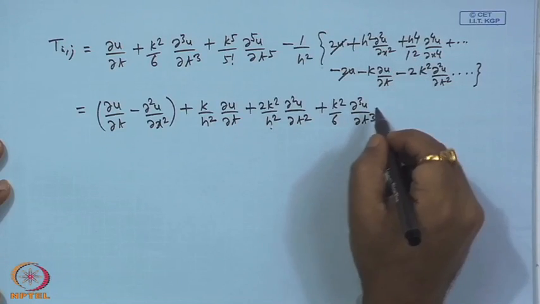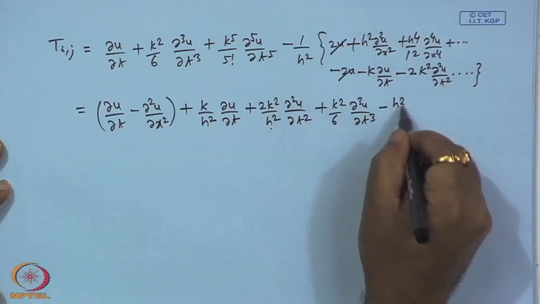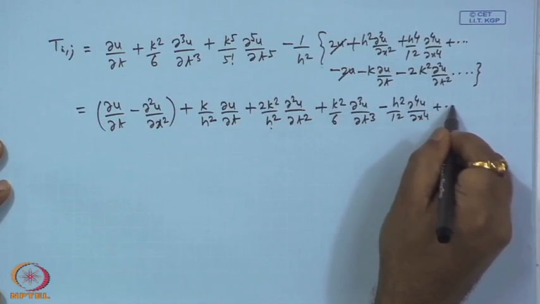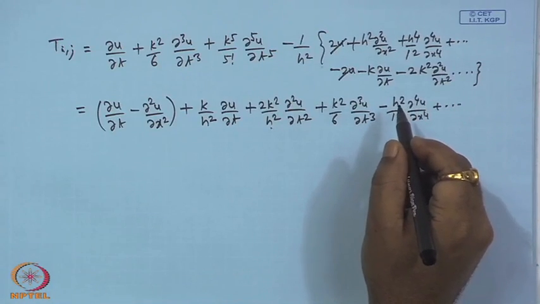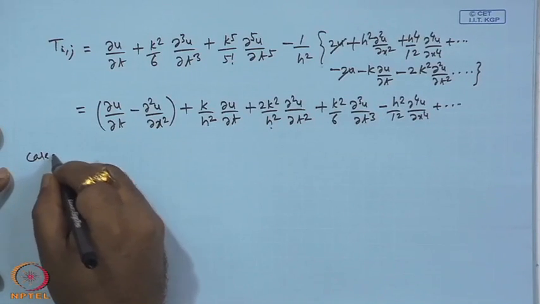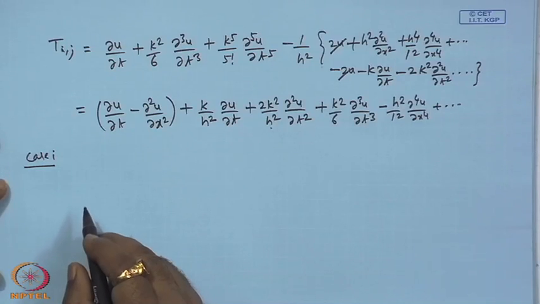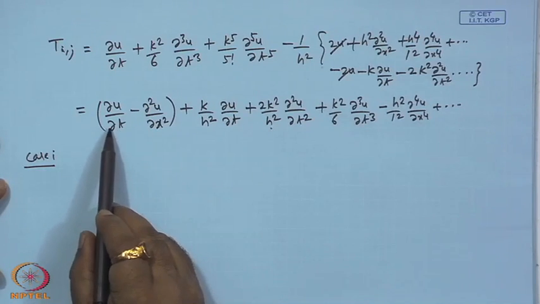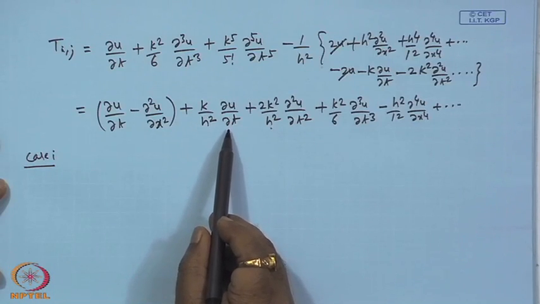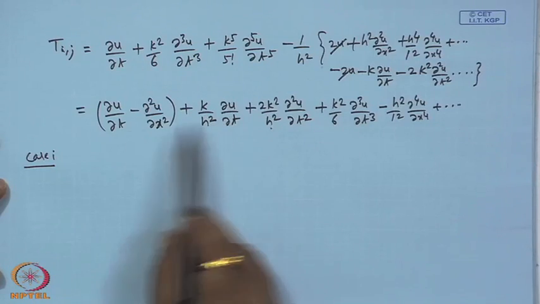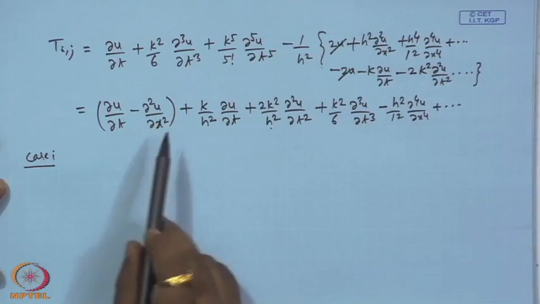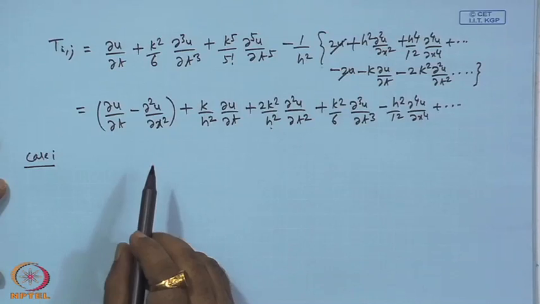Then we have this term, etc. Okay. Now, case 1, see, even though we clubbed these terms because this is our actual equation, but unfortunately there is one more term with the first derivative, okay, first derivative with respect to t, right. So, we have to analyze carefully.